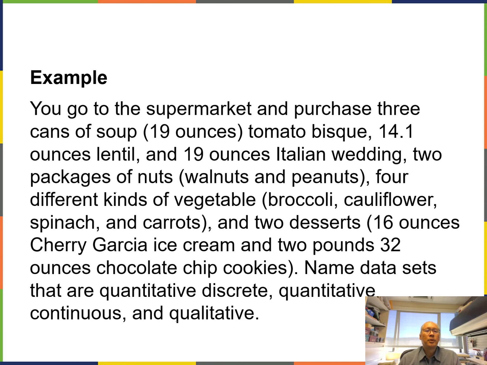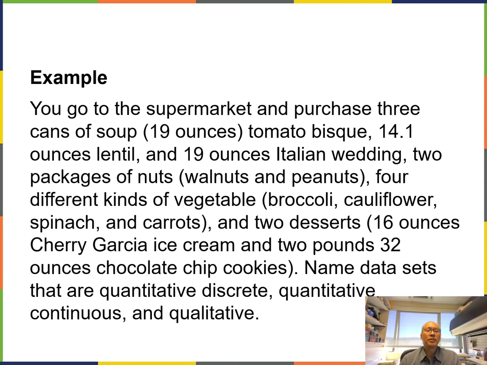So here's an example. We go to the supermarket and purchase 3 cans of soup: tomato bisque, 14.1 ounces of lentil, and 19 ounces of Italian wedding.